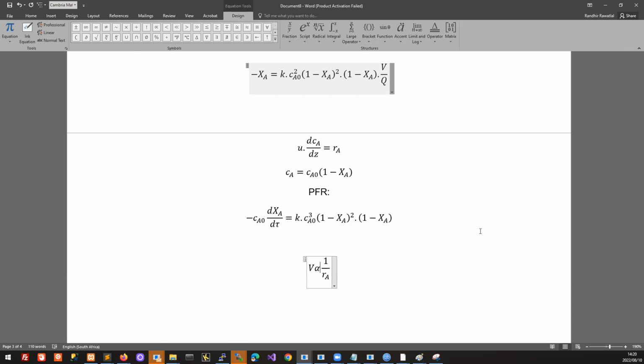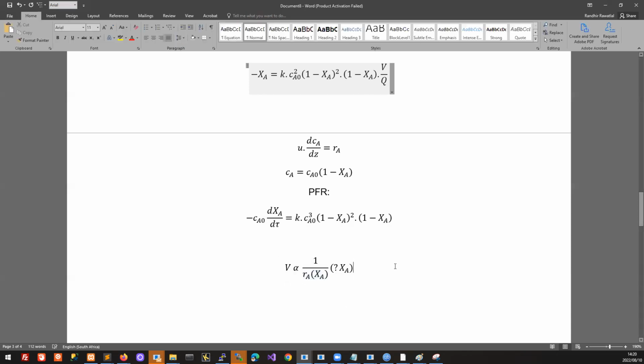So the volume that we need is proportional to 1 over RA and something like an X. So we are seeing that it has a form that's like that. And by the way, RA is a function of X as well.